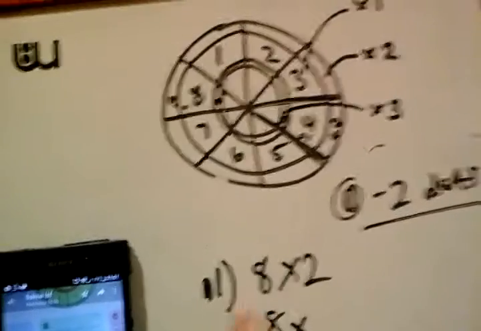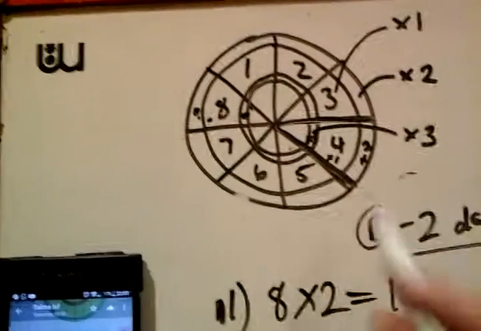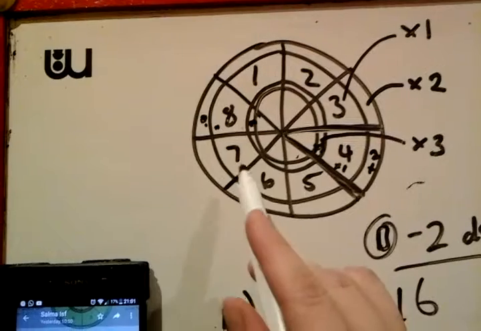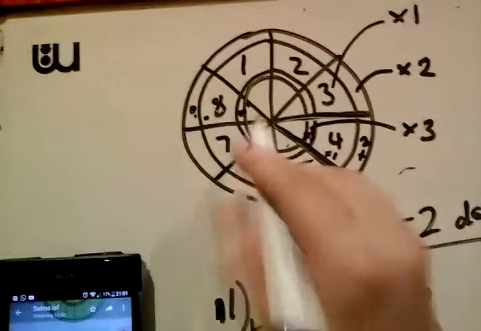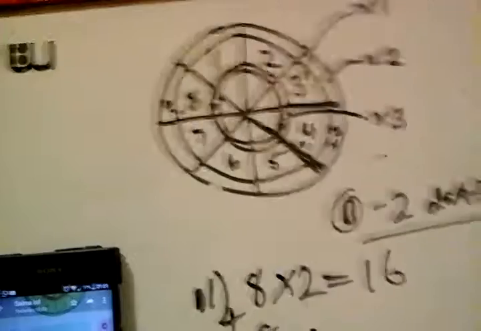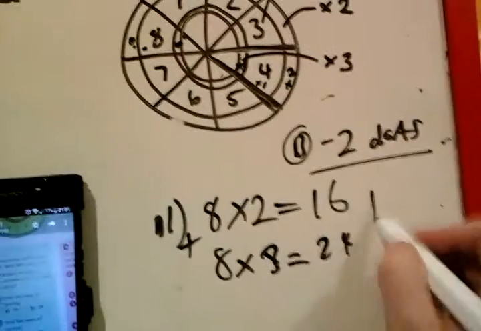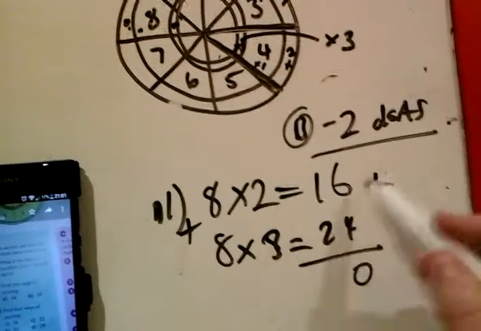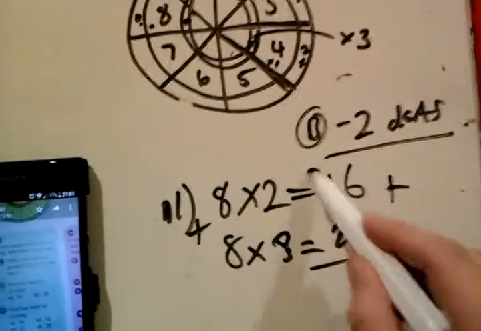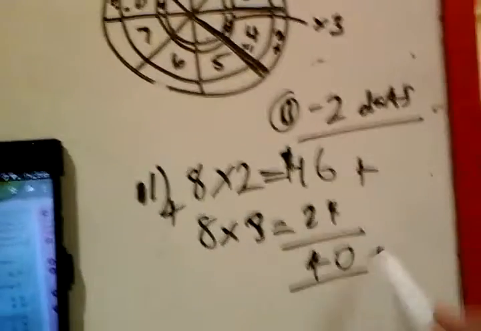No plussing, sorry. Yes, you are adding, apologies. 8 times 2 is 16, and 8 times 3 is 24. Add them together. What's the highest score you've got? You've got 40 as the highest number.